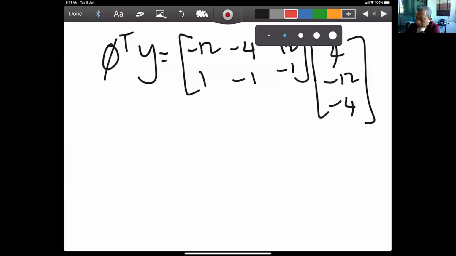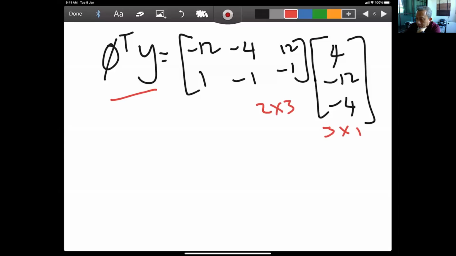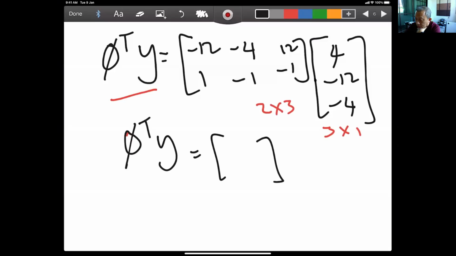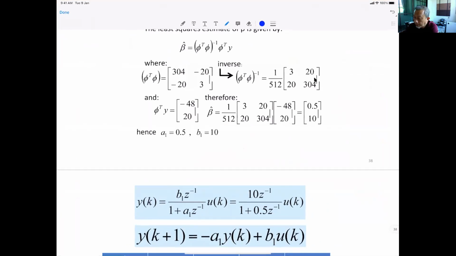For the last part, this is 2 by 3 and 3 by 1, so your answer, theta transpose y, is 2 by 1. So theta transpose y is minus 48, 20.